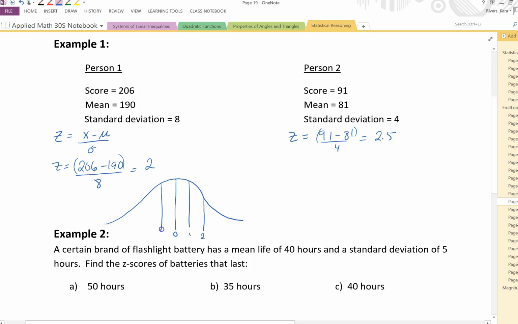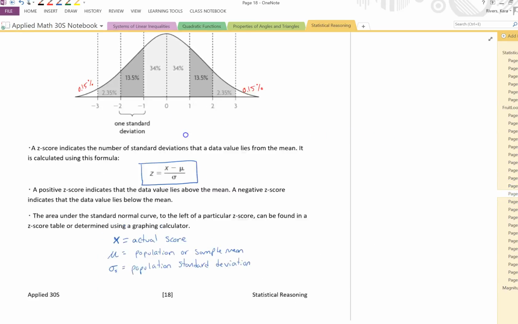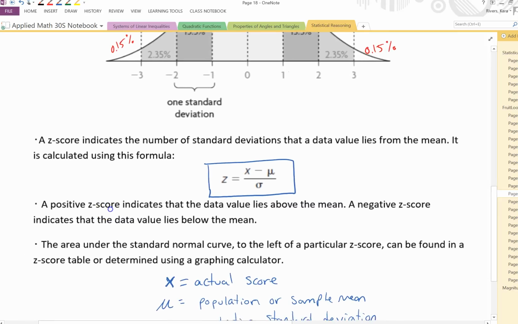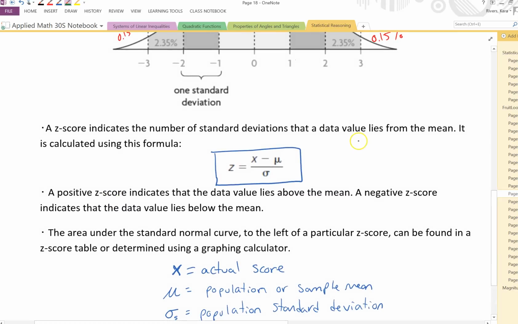And if we go backwards, -1, -2, -3. And in terms of our shading, if we look back to this page, it says that this indicates the number of standard deviations that the data lies from the mean. A positive Z-score indicates that the data value lies above the mean, and a negative Z-score is below.